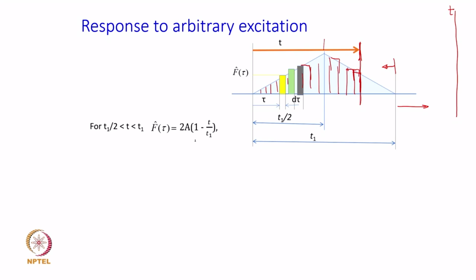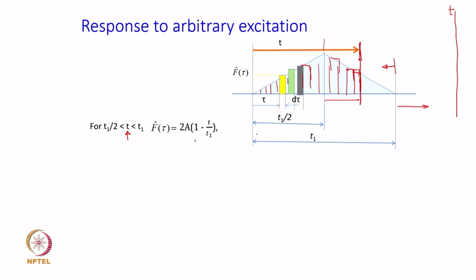Now, we cannot take one single expression to define the total variation of the force right up to this point. So, obviously, in this particular case, when t is lying in this range, then we will have to use two separate integrals.